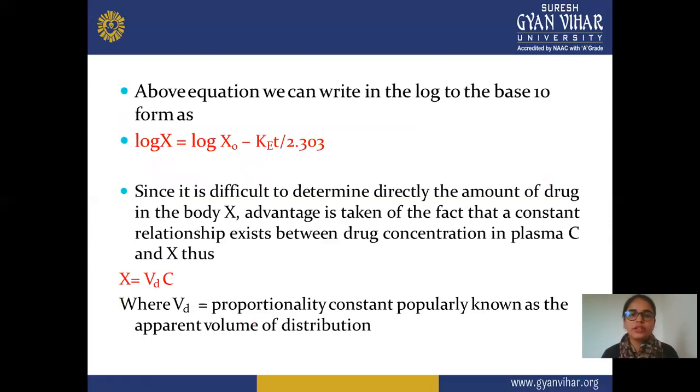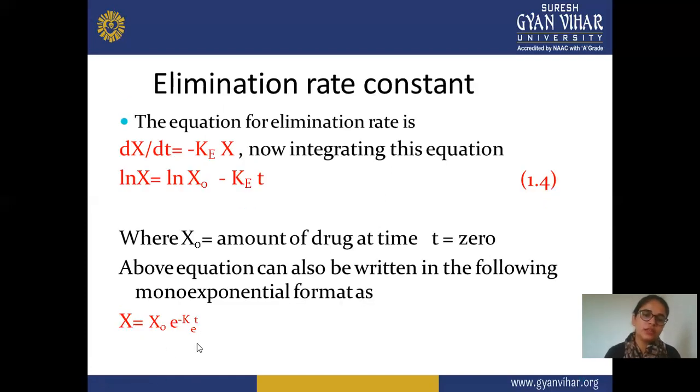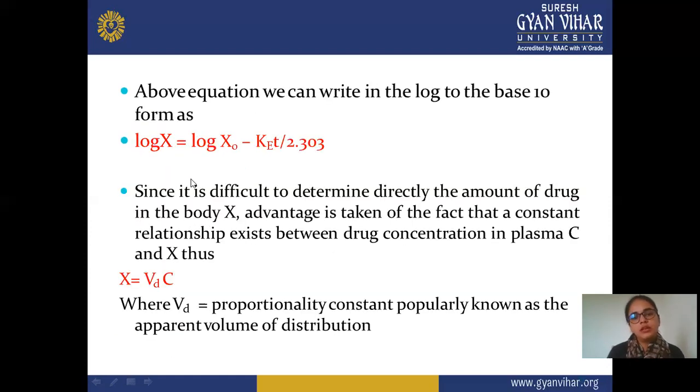Next, the above equation we can write in log form, base 10 form: log X is equal to log X0 minus Ket divided by 2.303. So this equation is also the elimination rate constant form, for this log form equation.